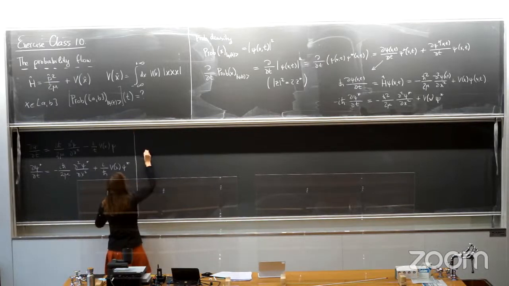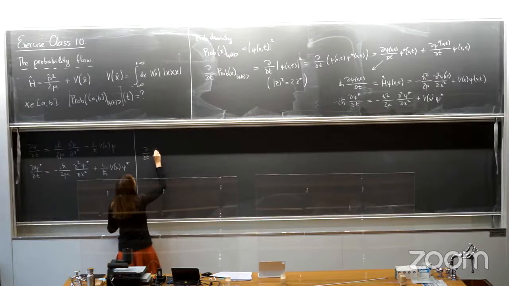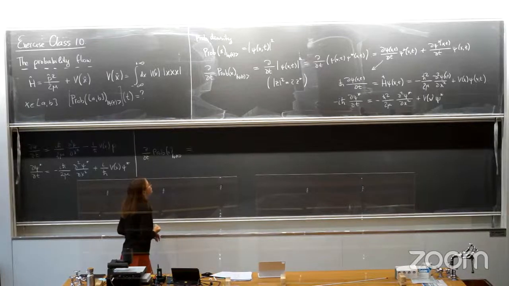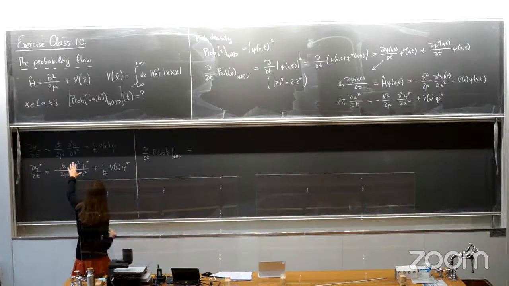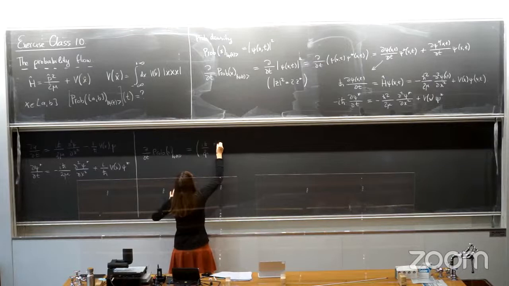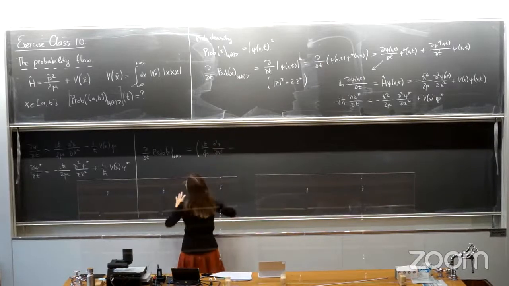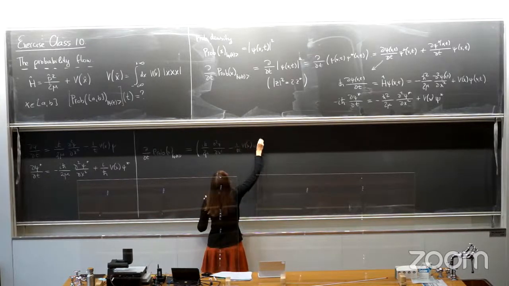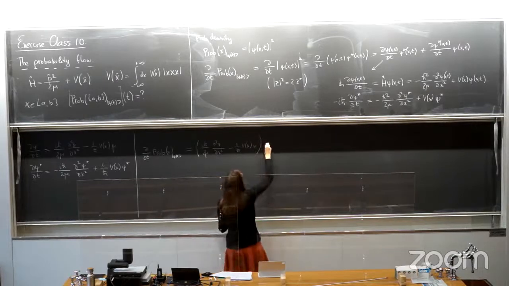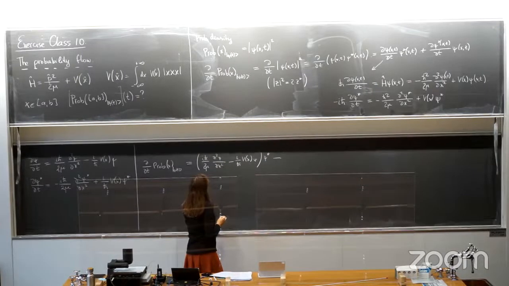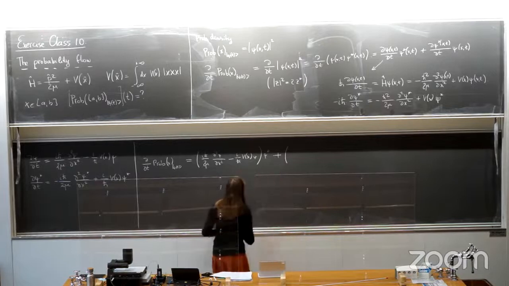So d/dt of the probability of x, in the state ψ of t, equals, first we plug in this, iħ over 2μ d2ψ/dx squared minus i over ħ V(x)ψ, and everything multiplied by ψ star, plus what we have there is dψ star/dt.